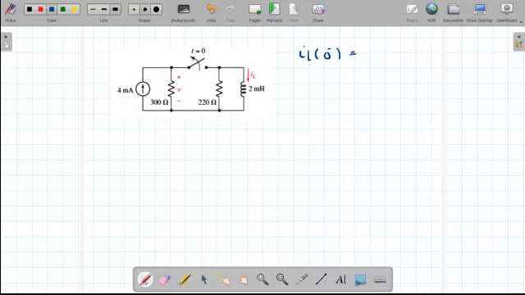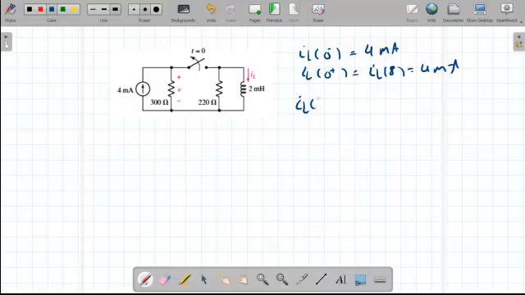IL0 minus, when this was closed, will equal 4 milliamp, and IL0 plus will equal IL0 minus. It will equal 4 milliamp. We know from the previous circuit that we can determine tau.